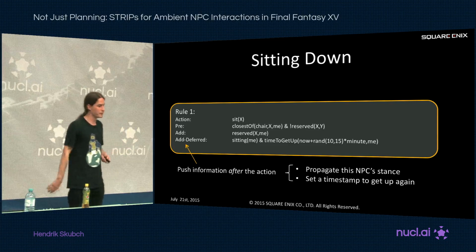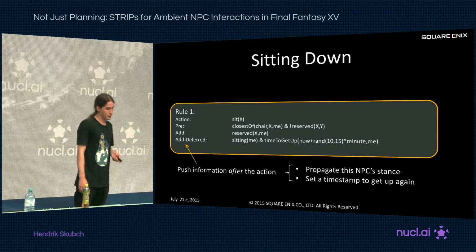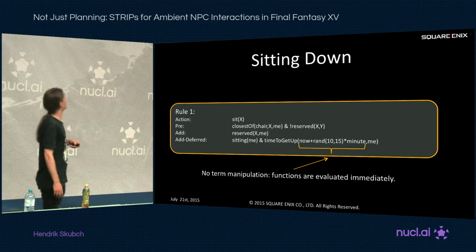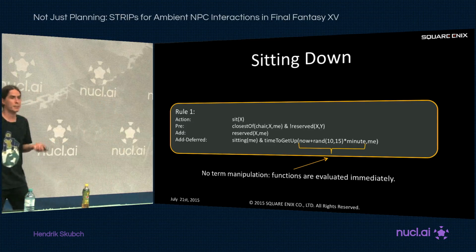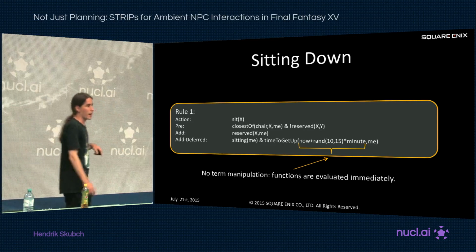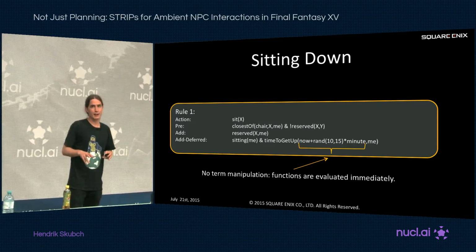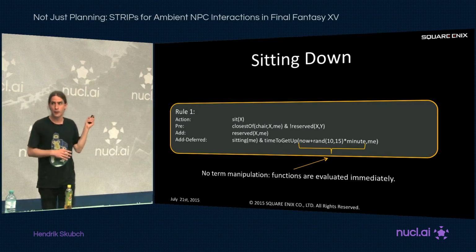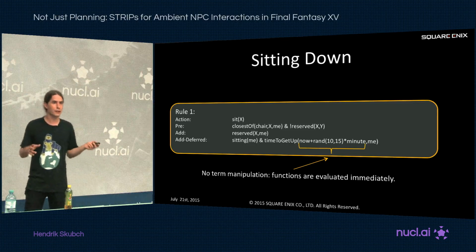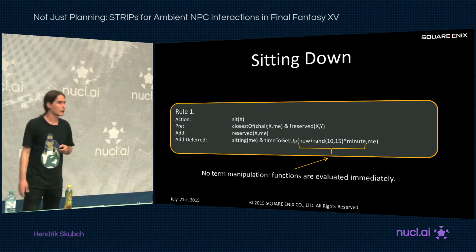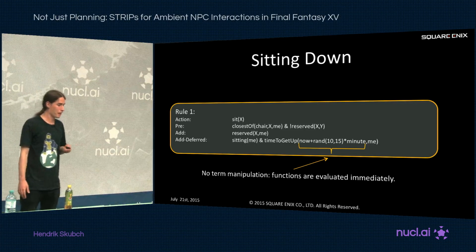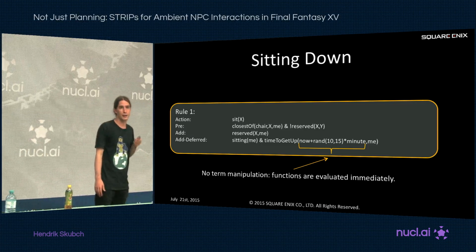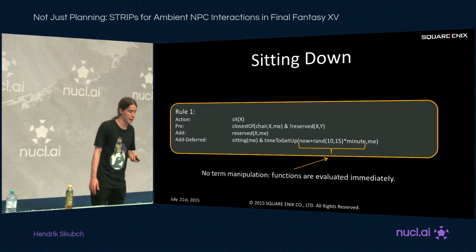Need some movement. This little term over here that gives us a timestamp in the future will be evaluated immediately when it's needed. In this language, we don't have any kind of term manipulation as opposed to classical declarative languages. But this also makes it way simpler and way faster to handle at runtime.